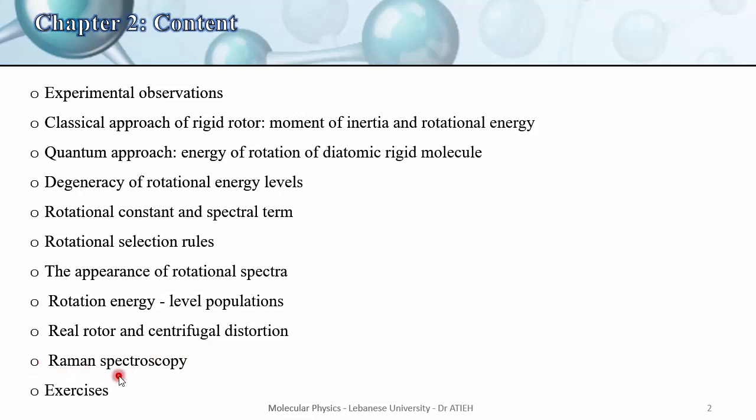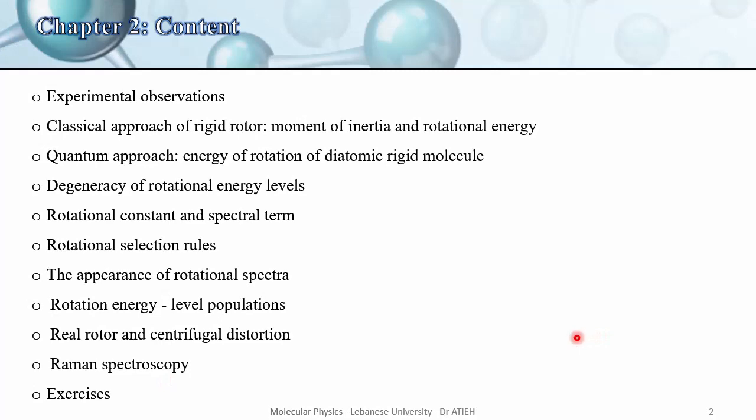At last, a quick explanation of rotational Raman spectroscopy, and at the end there are some exercises. Each one of these topics will be explained in detail throughout this chapter, so follow up with me.